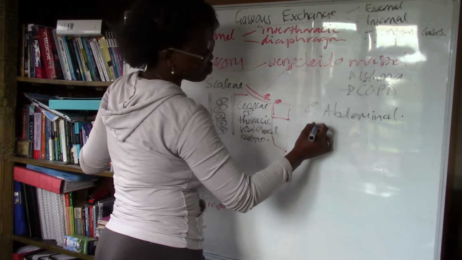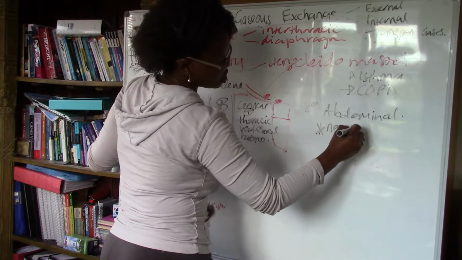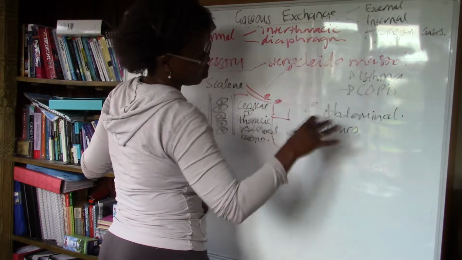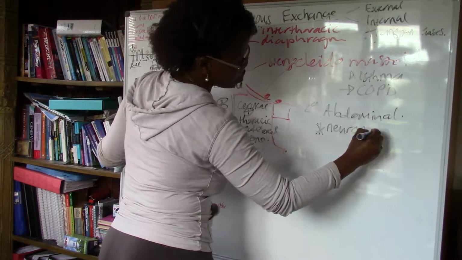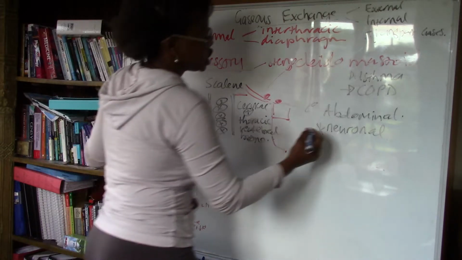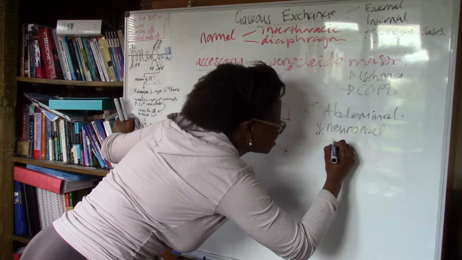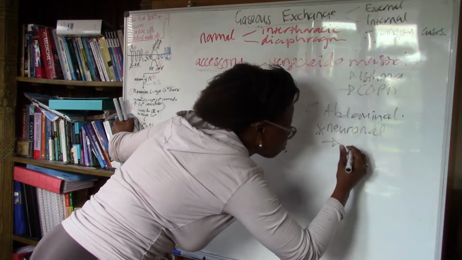So we do have to consider things that can compromise breathing, like neuronal diseases. For the life of me, I cannot think of a neuronal disease. Any disease that's muscle wasting.